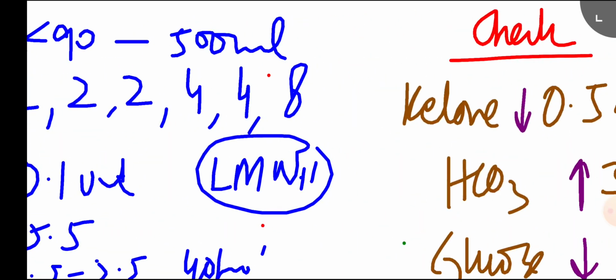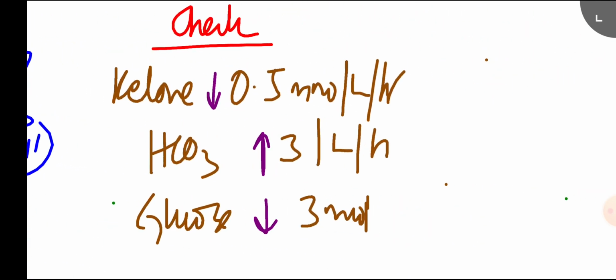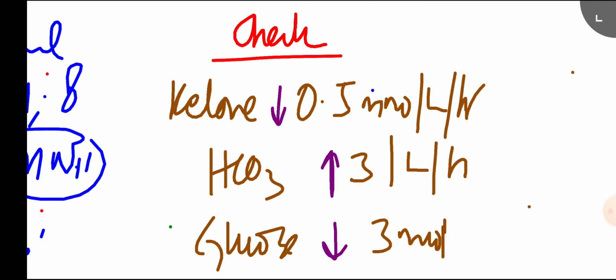So how are you going to get to know that you need to stop the insulin and stop the treatment, and whether you are going in the right direction or not? So check if your ketones are dropping by 0.5 millimole per liter per hour, your bicarbonate is increasing by 3 per liter per hour, and your glucose is decreasing by 3 millimoles per liter per hour.